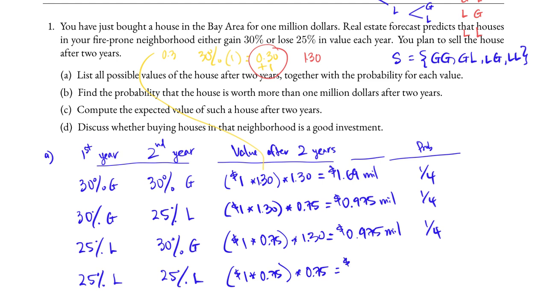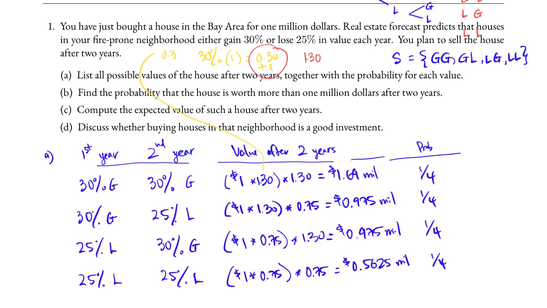This will give us 0.5625 million, and this has a probability of 1/4. And so that answers part A. We list the possible values. There are 4 cases after 2 years, together with the probability.